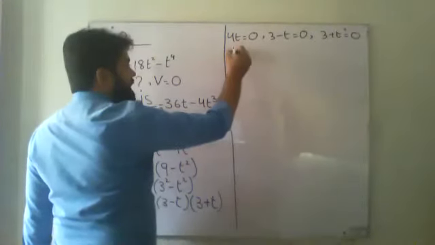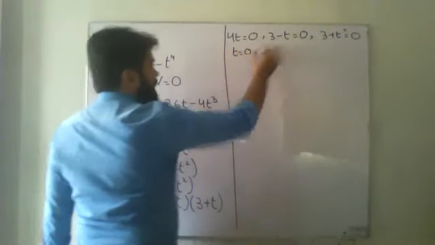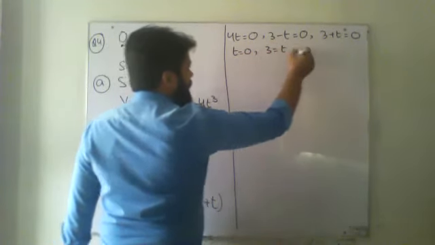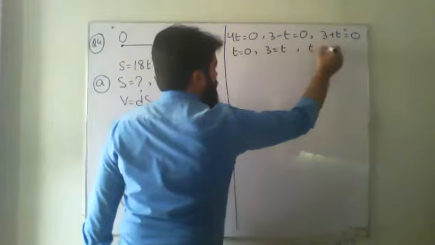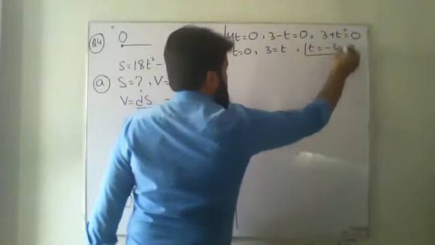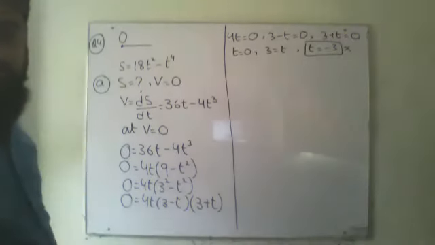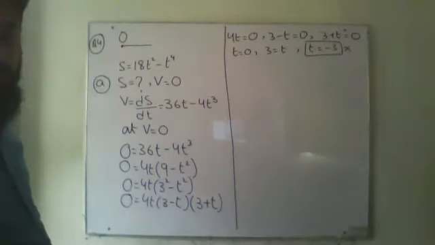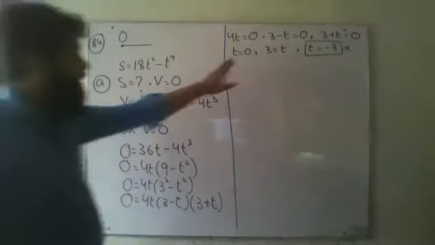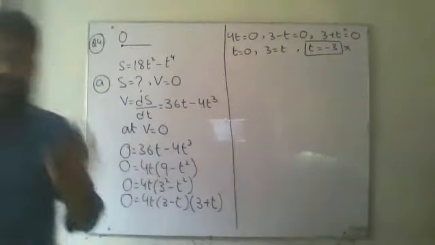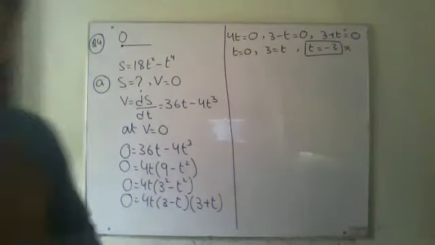So this will be t equals 0, this will be t equals 3, and this will be t equals minus 3, which we are not going to consider over here. So these are the two values of t at which the velocity is 0.